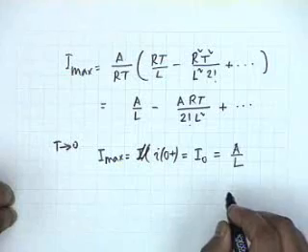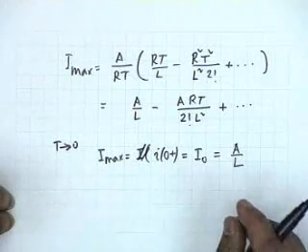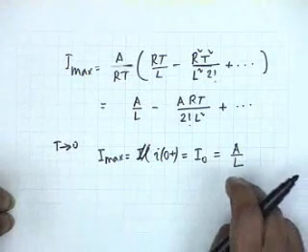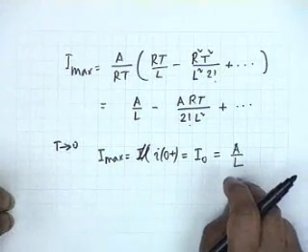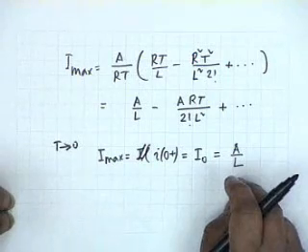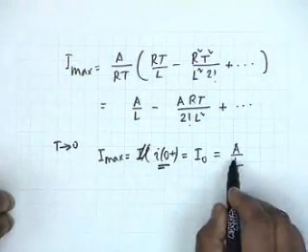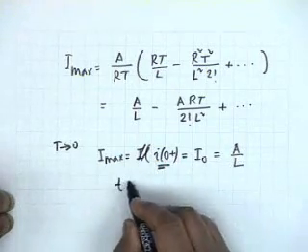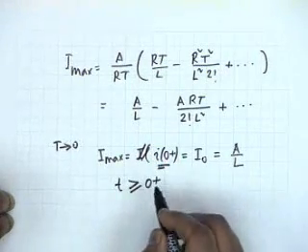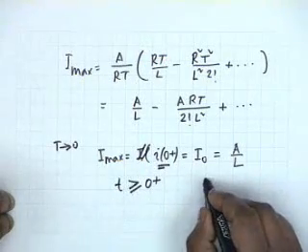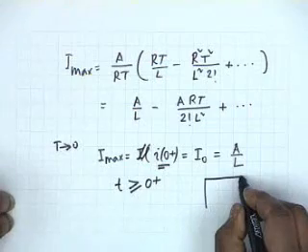And this is what was obtained earlier on the basis of the property of a delta function. Here we obtain this as a limiting case of pulse response, and therefore I of 0 plus is A by L, and when t is greater than or equal to 0 plus, the circuit goes back to its natural mode.